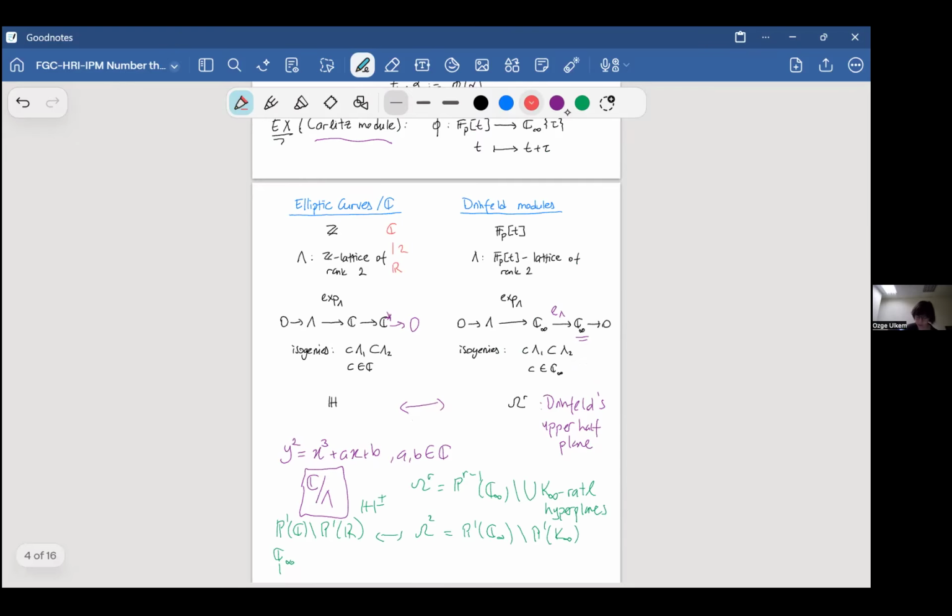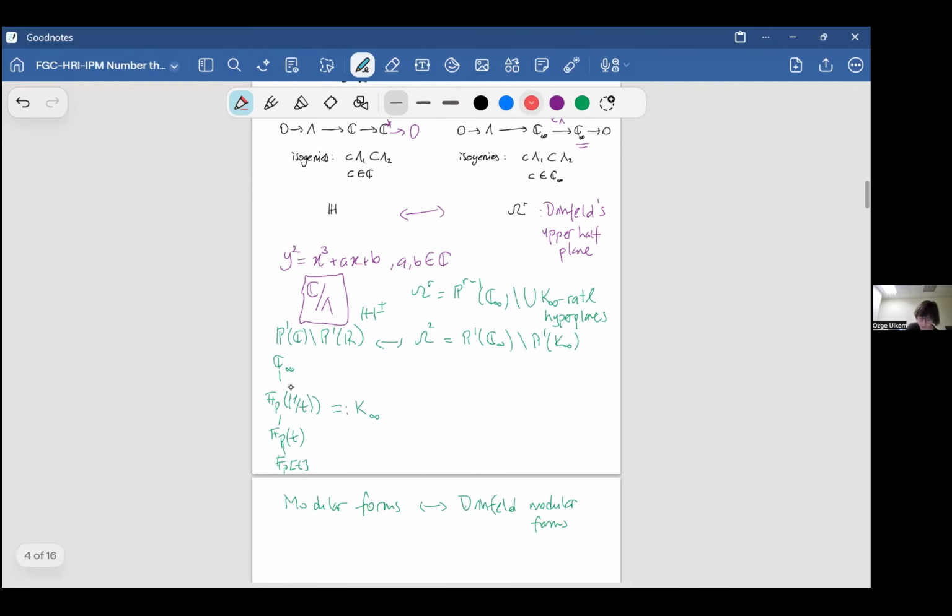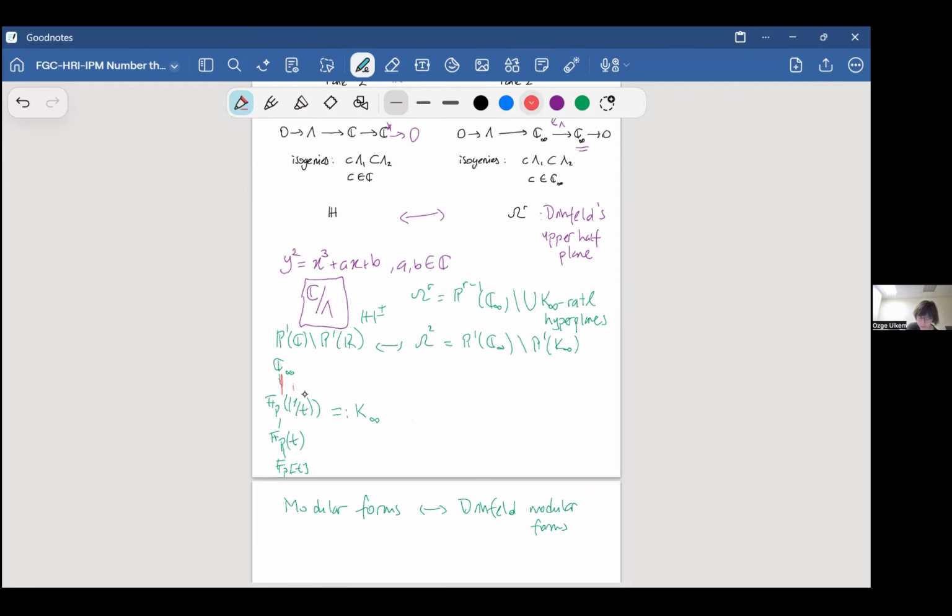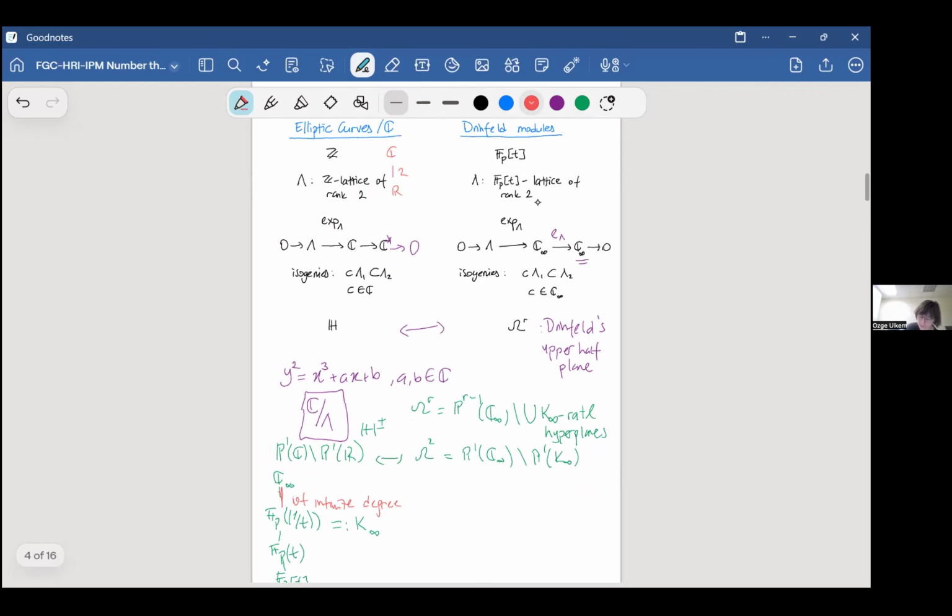Whereas if you look at C infinity over K infinity, this is of infinite degree. So this allows us to define not just rank 2 lattices, but any rank R lattice in C infinity, which allows us to define Drinfeld modules of any rank.